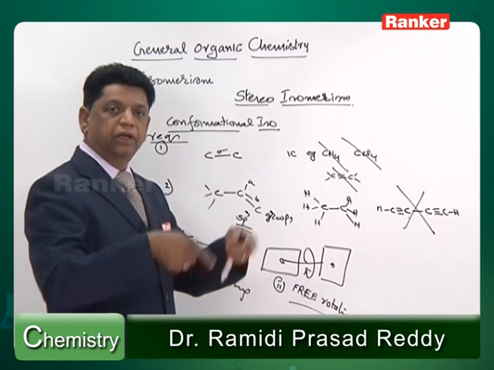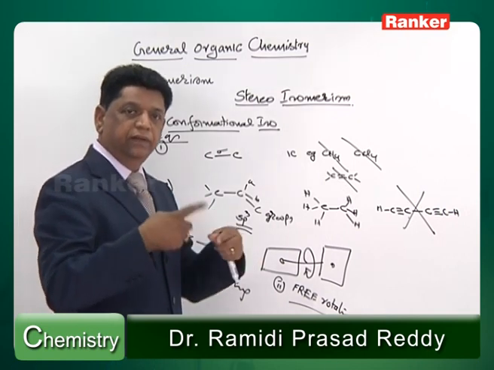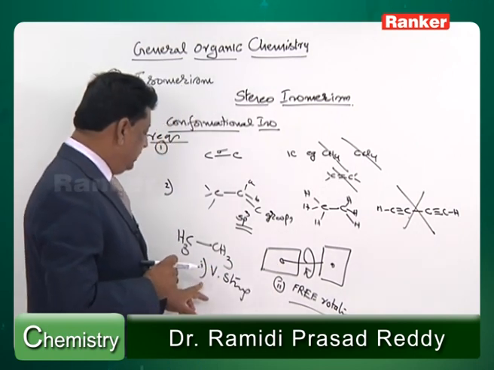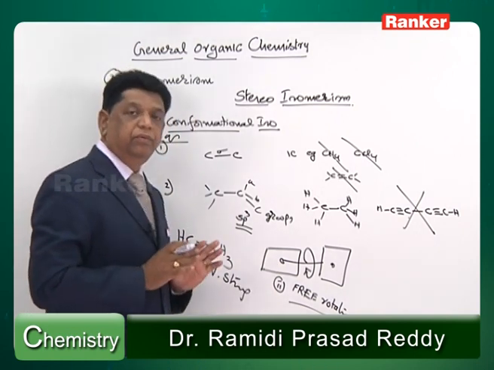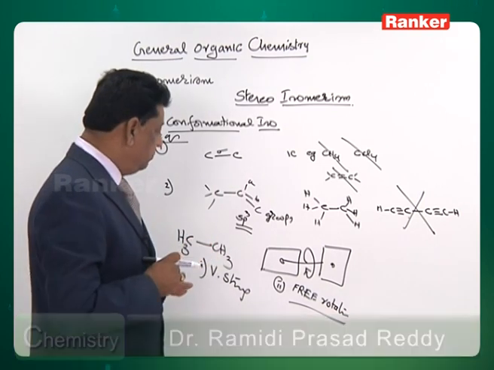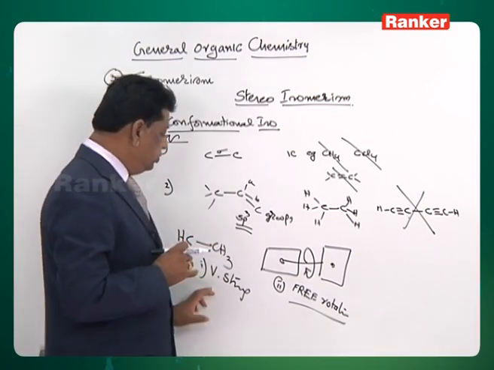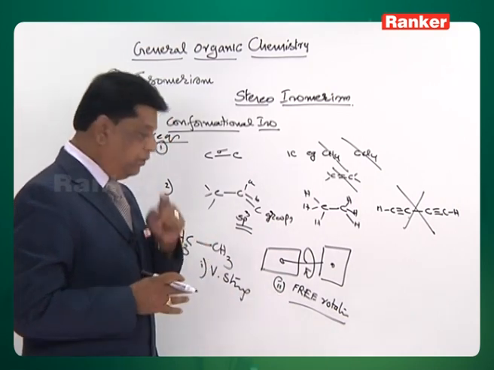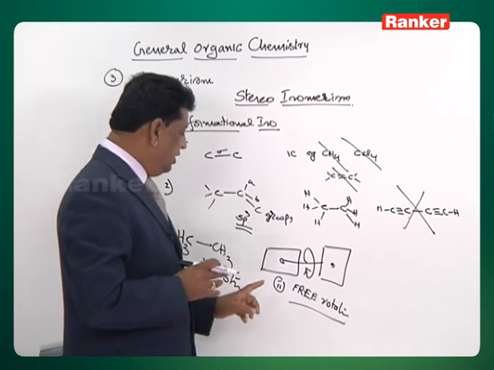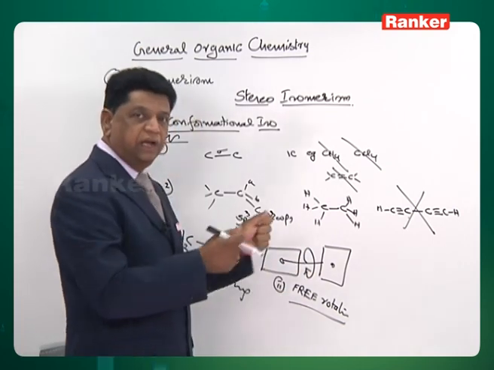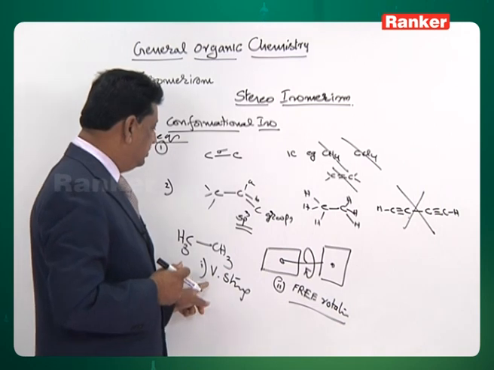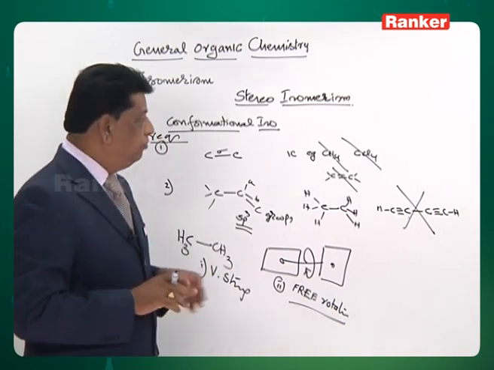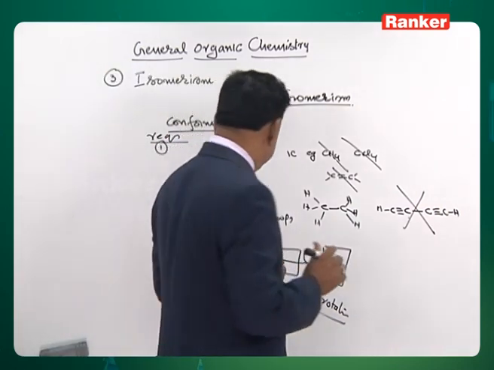Both can be on the same side, opposite sides, one this side, one the other. So free rotation is there, but at the same time the bond between the carbons is very strong. The carbon-carbon bond has these two qualities, which in fact contradict each other. Generally, when a rotation is free, we can pull it out, but it won't come, it is a very strong bond. Because of these two qualities, we are going to observe certain phenomena here.